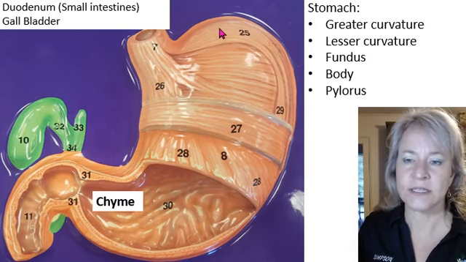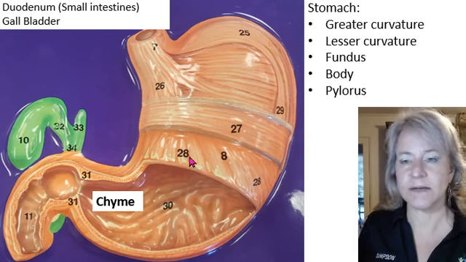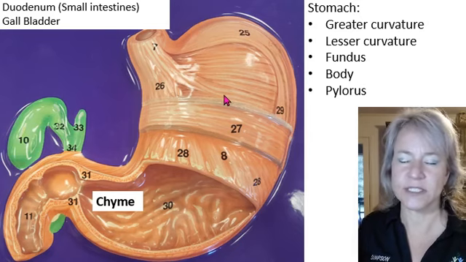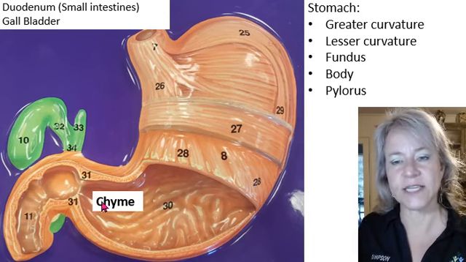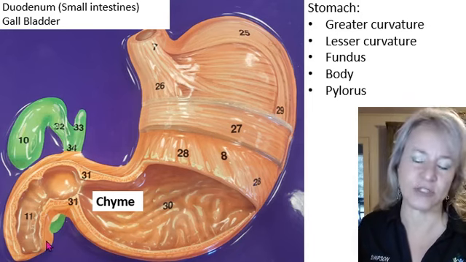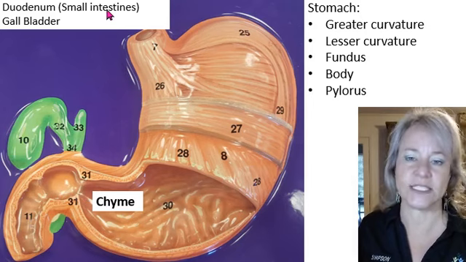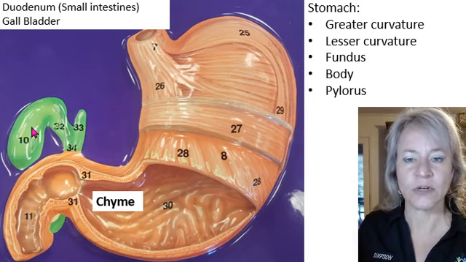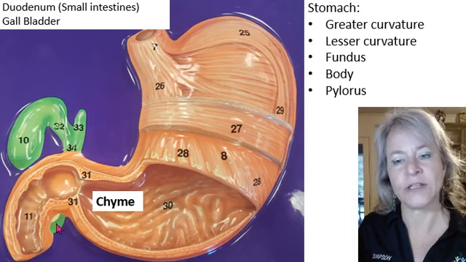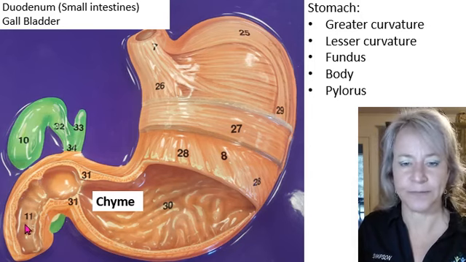So once the stomach has mixed the food up with the acid, turned into the chyme, it's going to dump it then into the duodenum, which is the first part of the small intestines. And the gallbladder will secrete bile also into the duodenum.